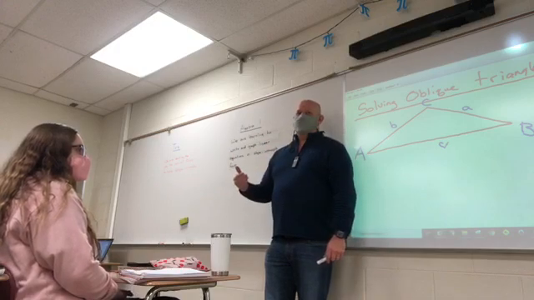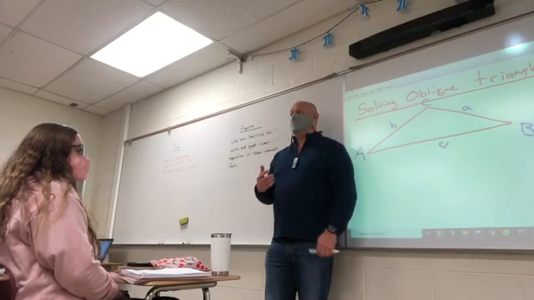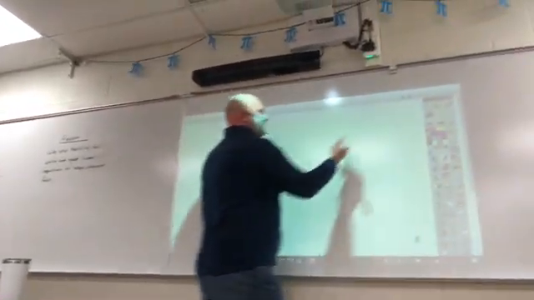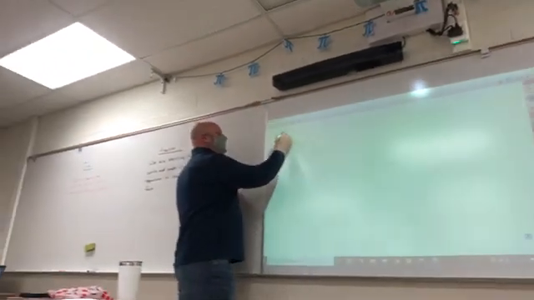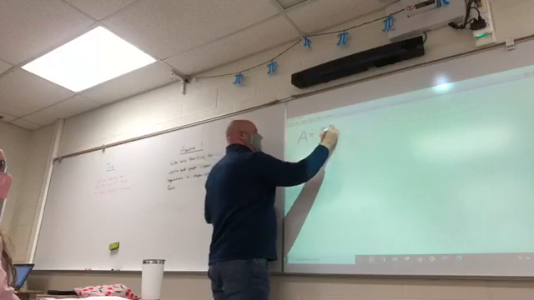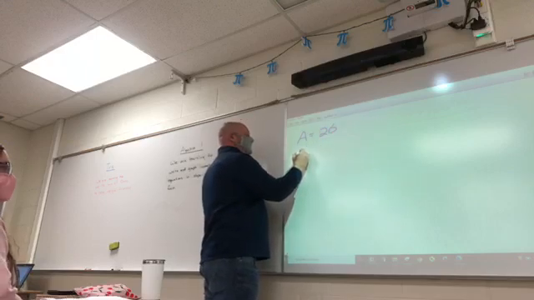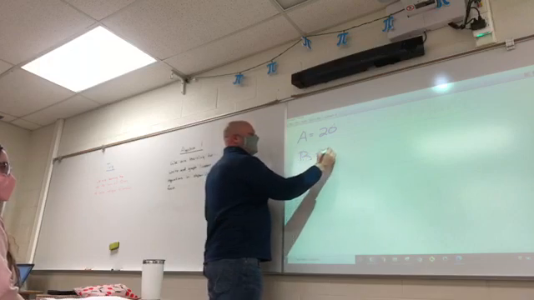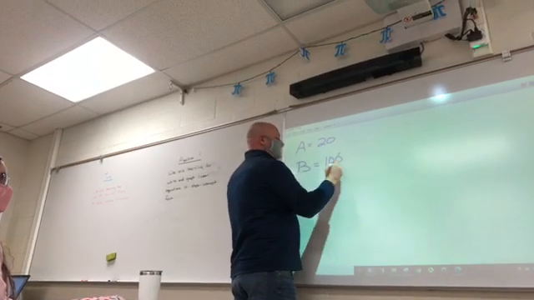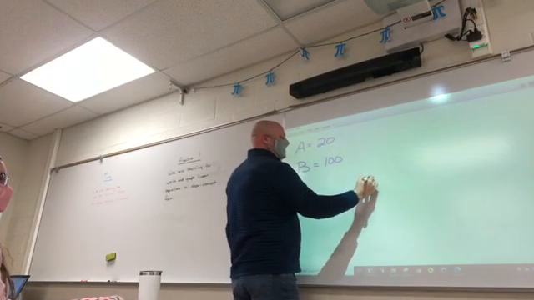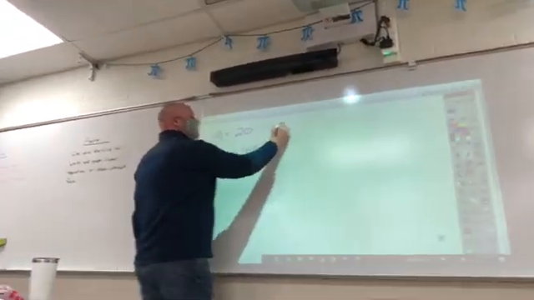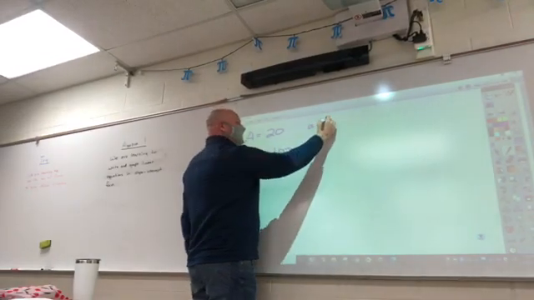When you're drawing them, I personally recommend trying to make them look reasonable. What I mean by that is, let's say, for example, on a test, I give you angle A is 20 degrees, angle B is 100 degrees, and side A is 15.